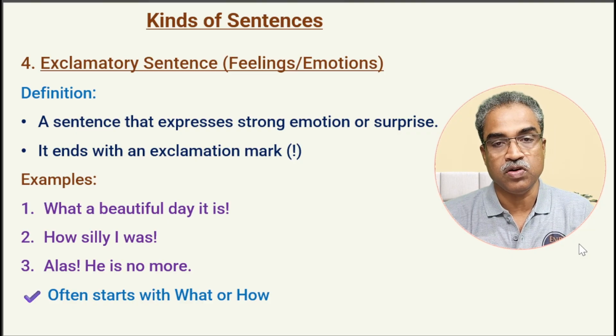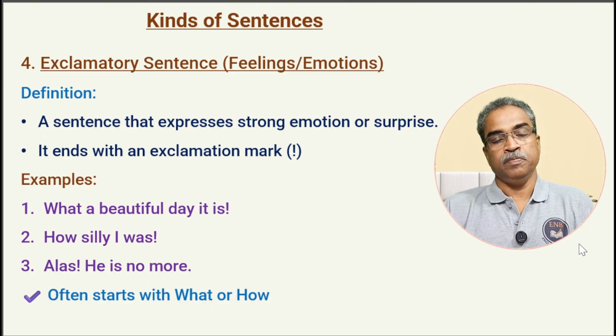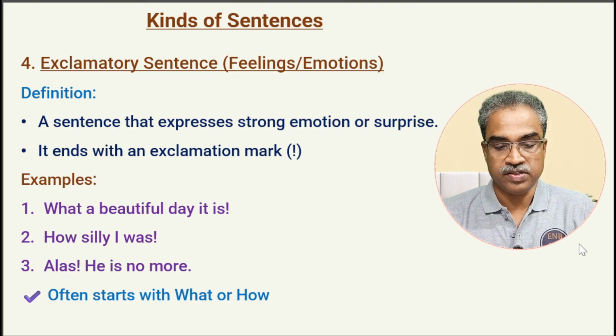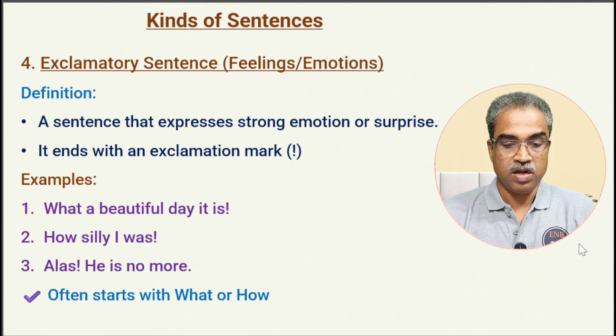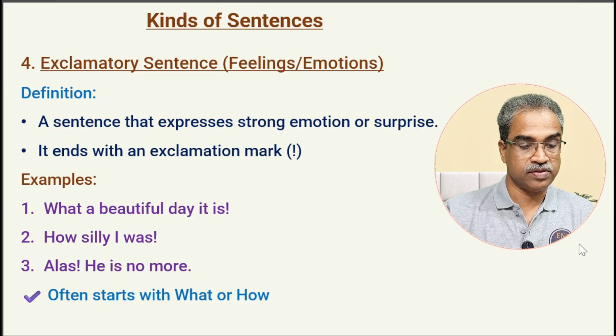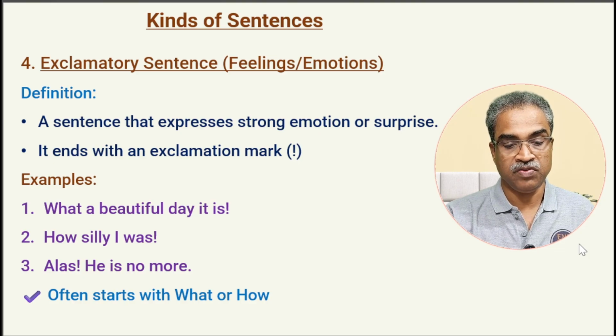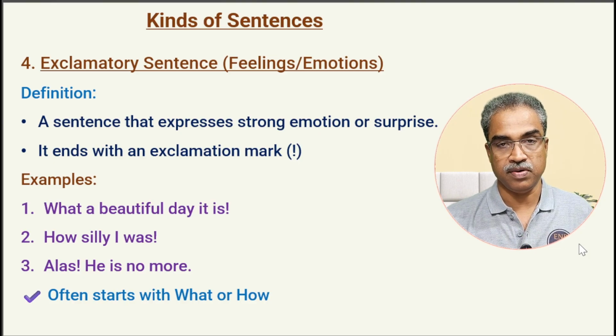Often starts with what? So exclamatory sentences, and there are two ways of starting. One is with what, other one is with how. So what a beautiful day it is. How silly I was. Now, if you really want to know when to put what, when to put how, I'll just explain very briefly. You take the first example here.